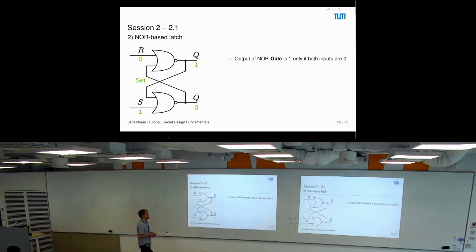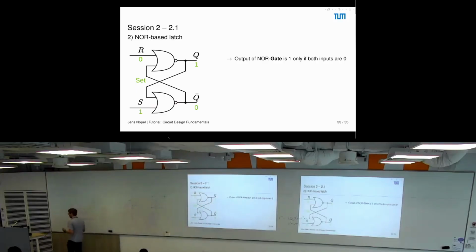So let's have a look at how setting works. We set the input of the lower NOR gate, so S, to 1. This means that the output gets 0, and a 0 here corresponds to a 1 here, since here we have a 0 which enables the inverting, so then we get a 1 here.